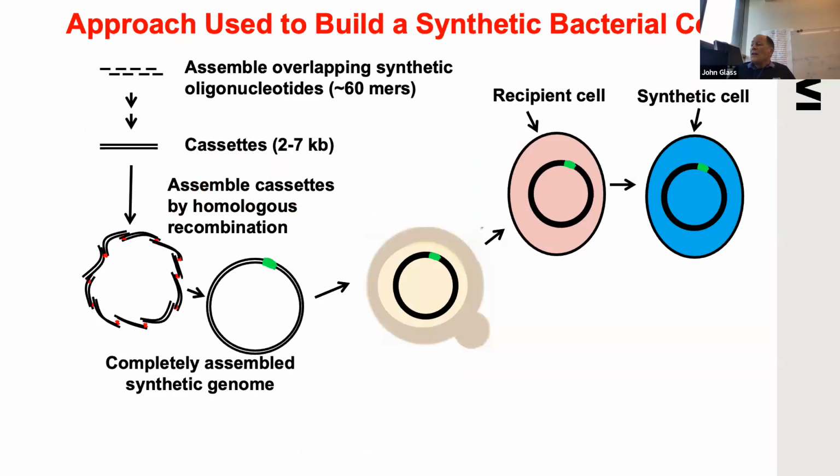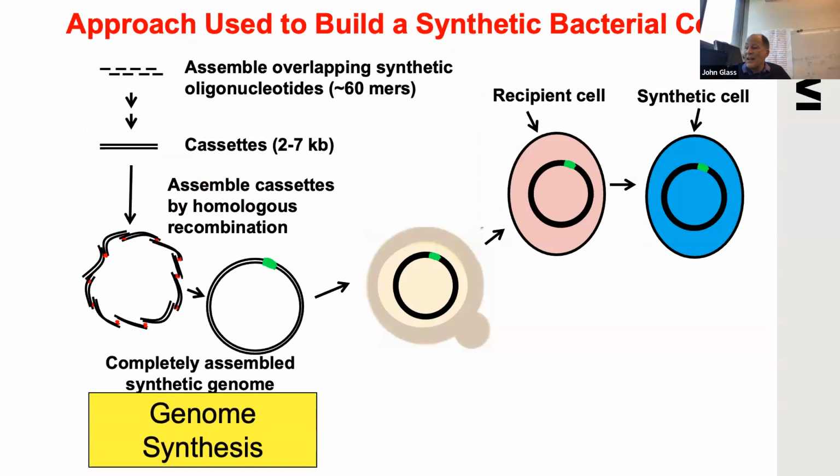And so to go from Mycoplasma mycoides to a minimal cell, we didn't want to just whittle it down. We wanted to build a bacterial cell from synthetic oligonucleotides. And so we had to invent 3 technologies. We had to be able to go from synthetic oligos to genome synthesis.